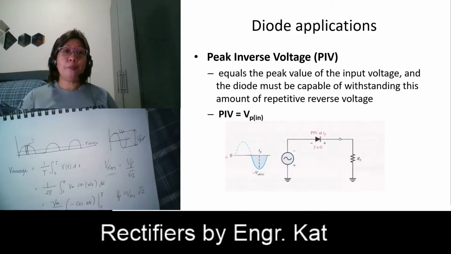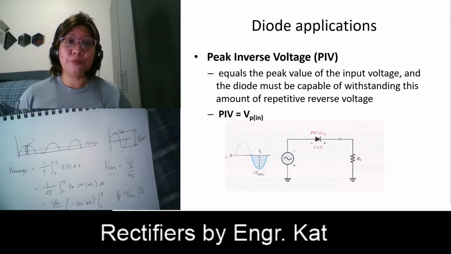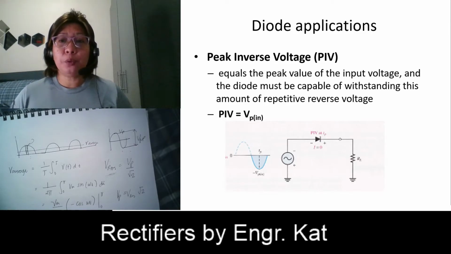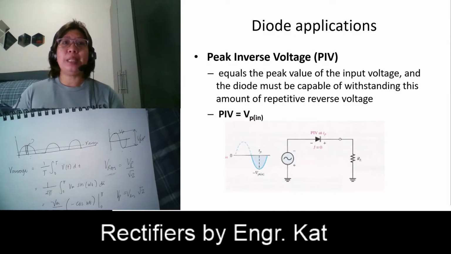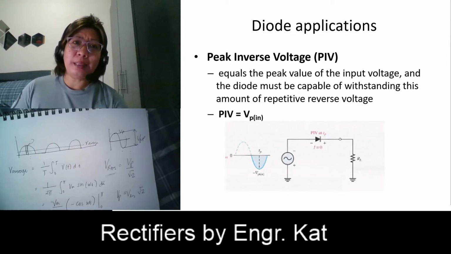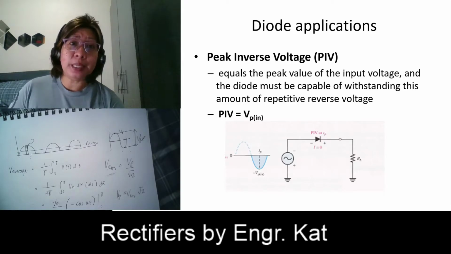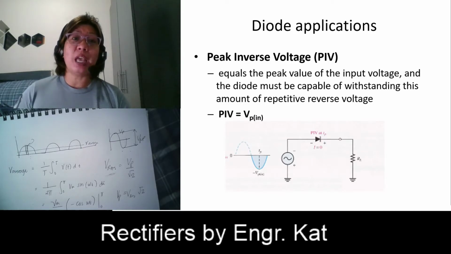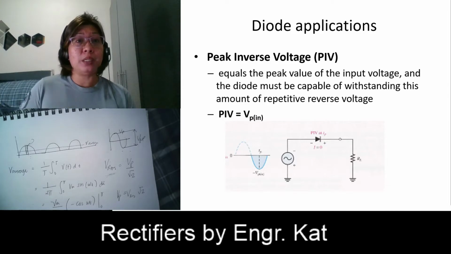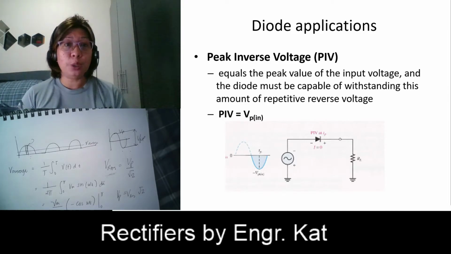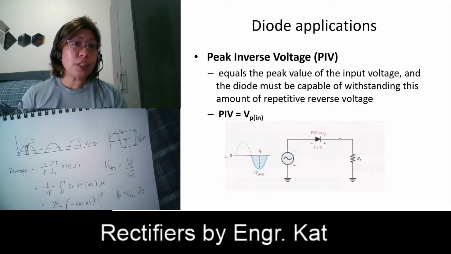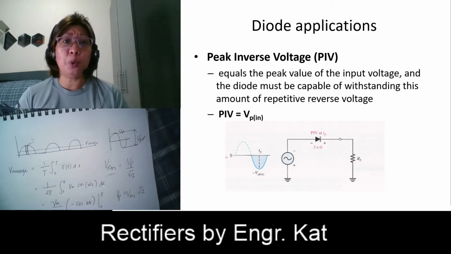Now, we talked about this in our last video: the peak inverse voltage, or PIV. This is very important because your diode can experience a negative voltage every time the signal goes reverse. During the positive half cycle, when your diode is conducting, no problem.